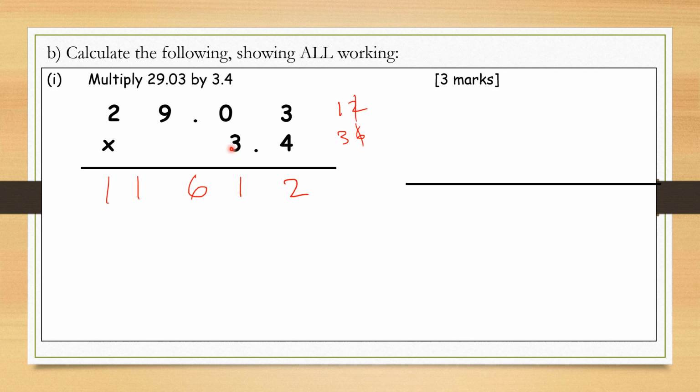Okay, and now I'm going to multiply by 3. So I'm going to place a 0 here. And we go 3 times 3 is 9. 3 times 0 is 0. 3 times 9 is 27.